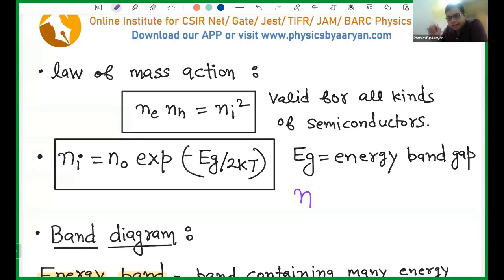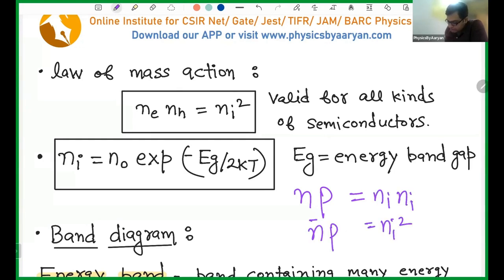Small n itself means we have divided by per unit volume, so all the discussion I'm doing is per unit volume, and I will not repeat it again and again. Wherever you see small n, think that I'm talking about per unit volume. So n is the number of electrons per unit volume, p is the number of holes per unit volume. If you multiply them, n is Ni and p is Ni, so you will get Ni square.